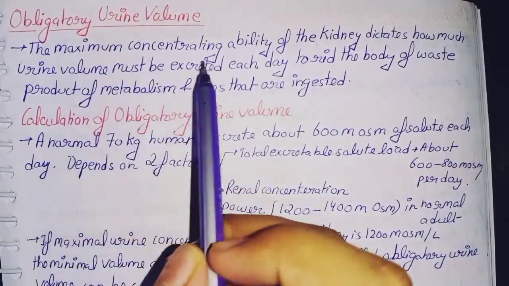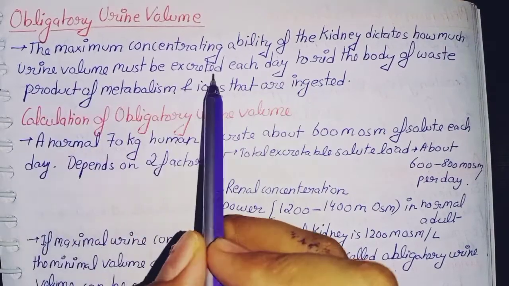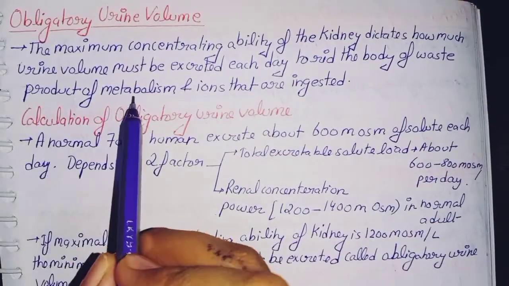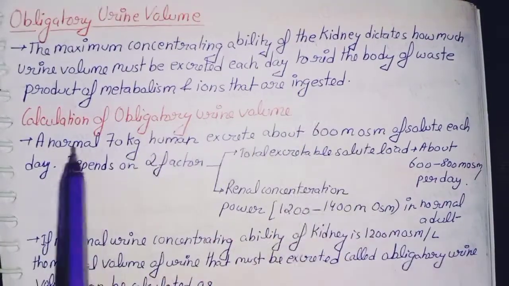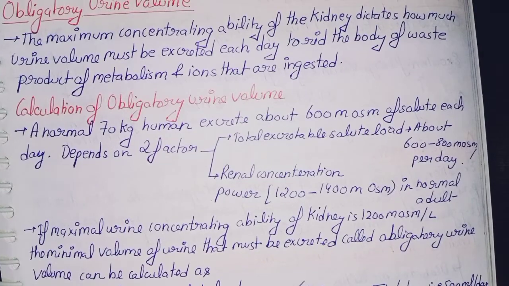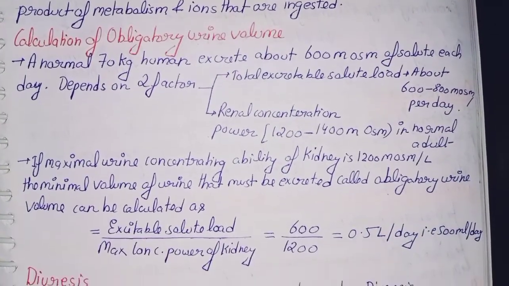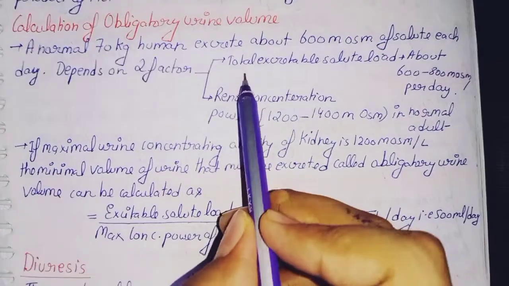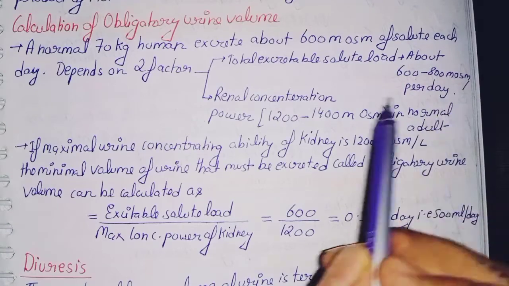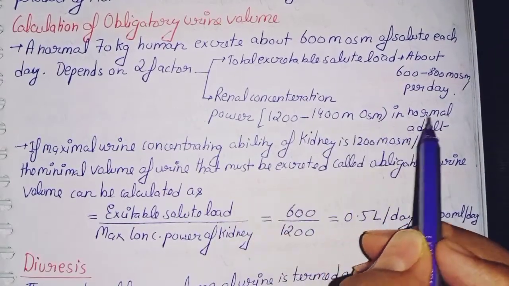The maximum concentrating ability of the kidney dictates how much urine volume must be excreted each day to rid the body of waste products of metabolism and of substances that are ingested. For the calculation, a normal 70 kg human excretes about 600 milliosmol of solute each day. It depends upon two factors: total excretable solute, about 600 to 800 milliosmol per day, and renal concentrating power, around 1200 to 1400 milliosmol per liter in a normal adult.